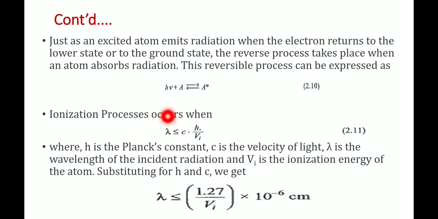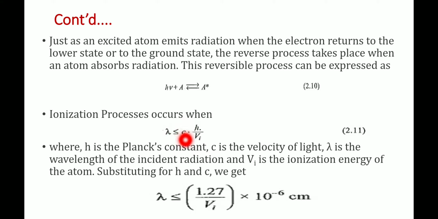Next, when does the photoionization process take place? It takes place when the radiation energy absorbed by an atom or molecule exceeds its ionization potential. In that case, how will we write it? Lambda, the wavelength of incident radiation, is less than or equal to c times h divided by Vi, where c is the velocity of light.